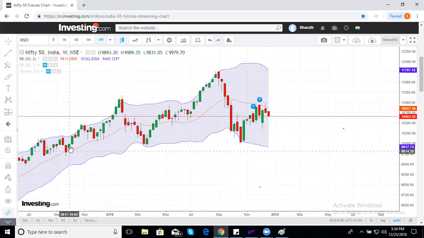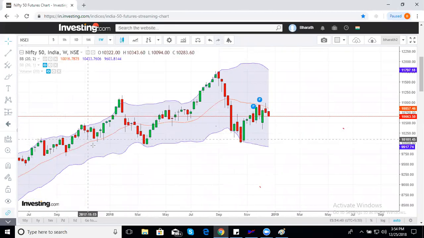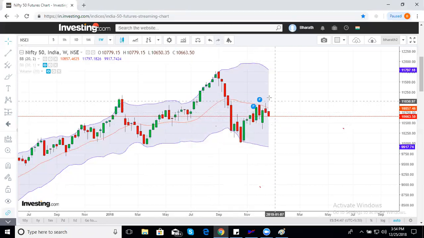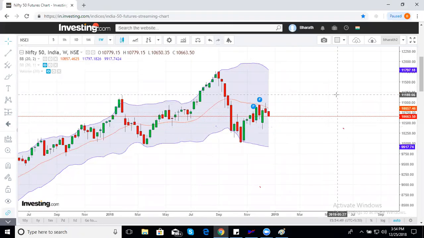See here. Here it was acting as support. Here it was acting as support. The same Bollinger Band middle band is now acting as resistance. This is change of polarity on a weekly setup, sir. This is not a daily setup. This is a weekly setup. Weekly setups are even stronger, right?